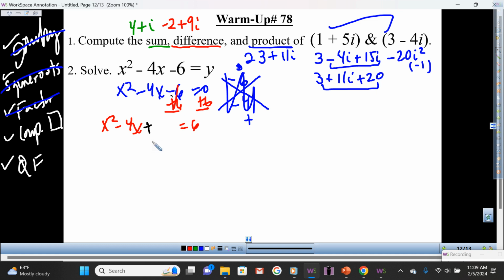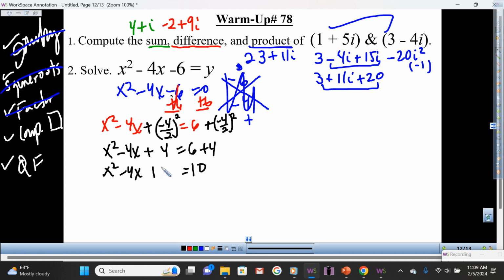All right, Brandon Felix. -4/2 squared. Add -4/2 squared. So this is x squared minus 4x plus 4 equals 6 plus 4. So this is 10, and x squared minus 4x plus 4.